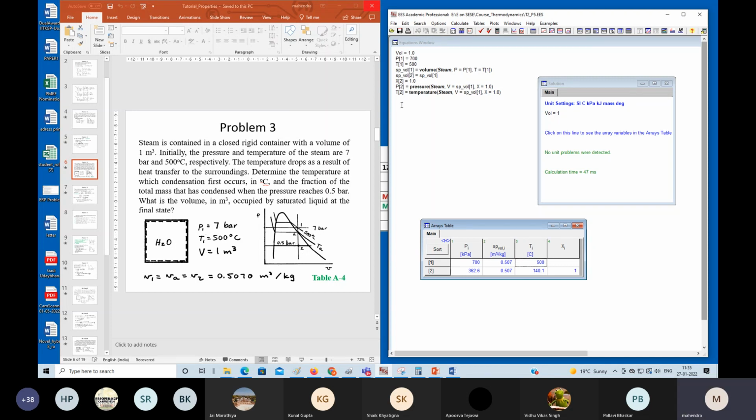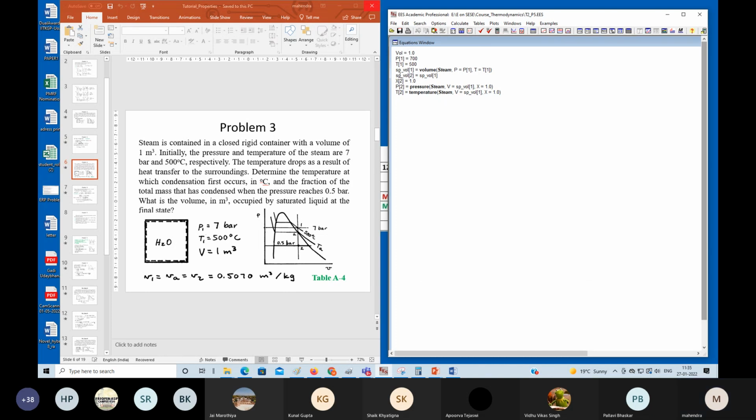Even now, the same specific volume we are taking. Now we have pressure data here: P3 equal to 0.5 bar means 50 Pascal, that we have to give.